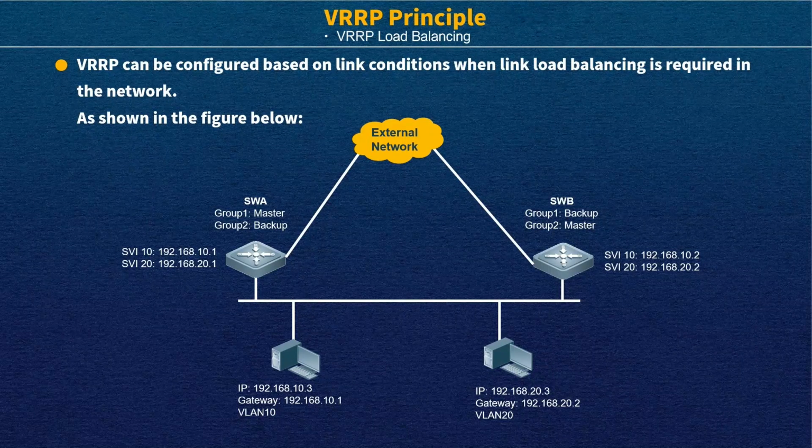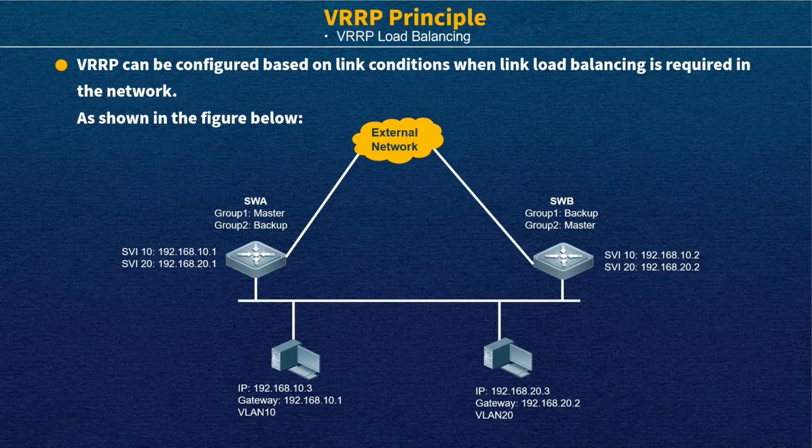For example, you can create multiple groups, VIP group 1 and group 2. And about group 1, switch A is a master, switch B is a backup. And about group 2, switch B is master, switch A is a backup. And about group 1, switch A will provide the main function for 192.168.10.0. But switch B is the main router, main gateway for 192.168.20.0.